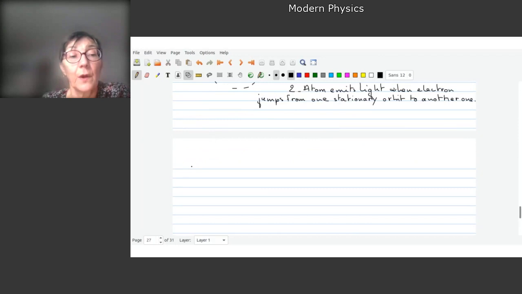What he writes is that when the atom jumps from one stationary orbit to another one, the emitted photon has frequency, has energy actually. We know that it has energy.